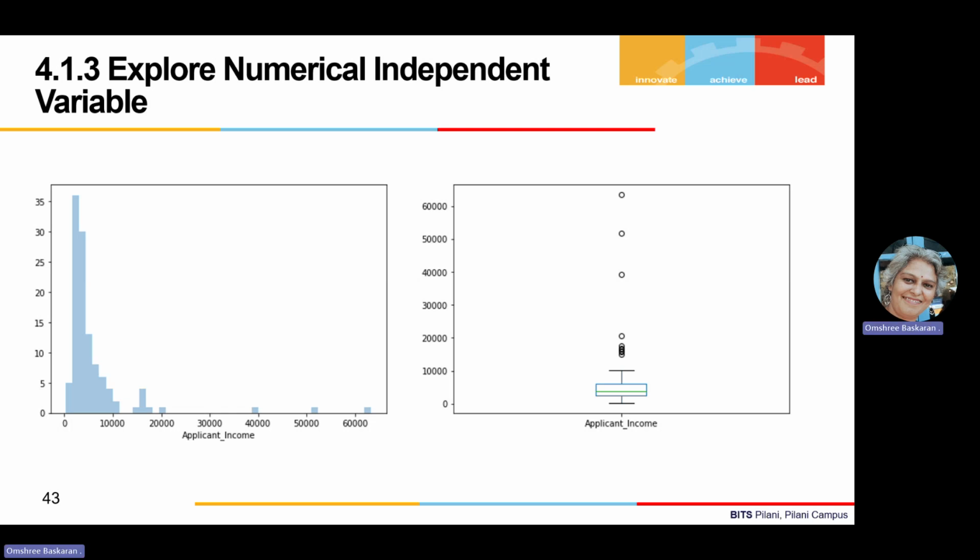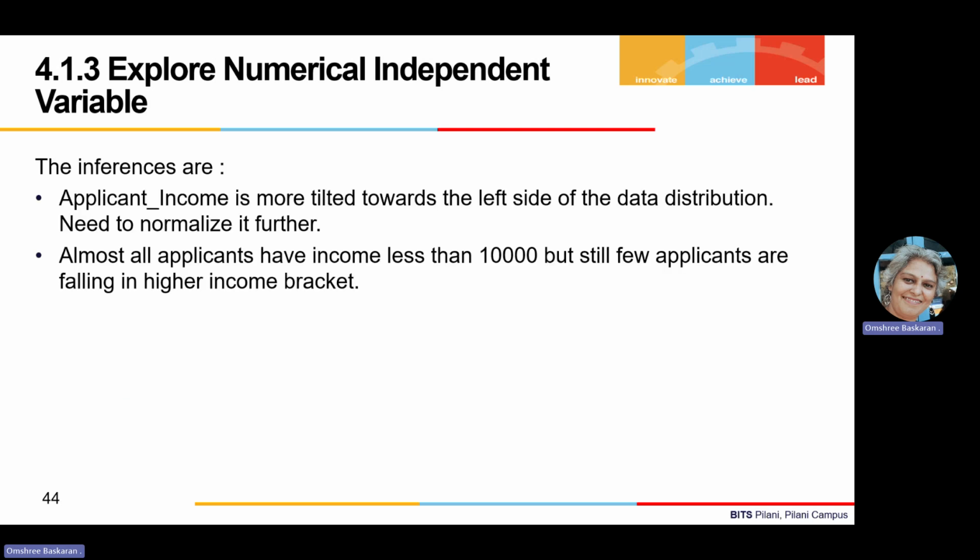For the numerical variables, we plot a histogram. We plot a box plot to see whether there are any outliers, and in case there are, what kind of mitigation is to be applied.